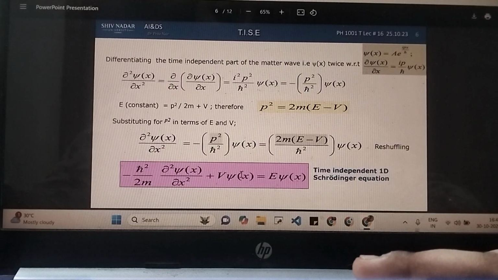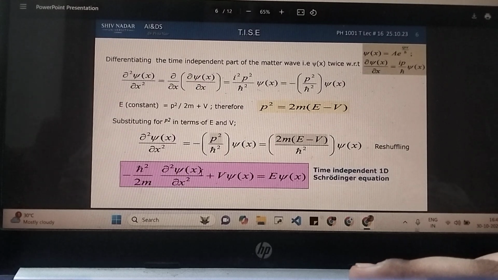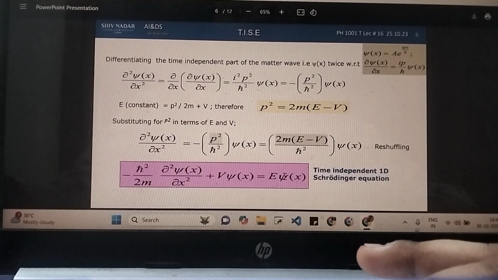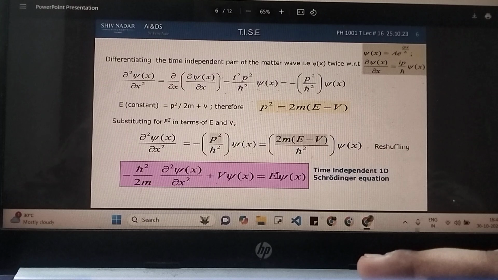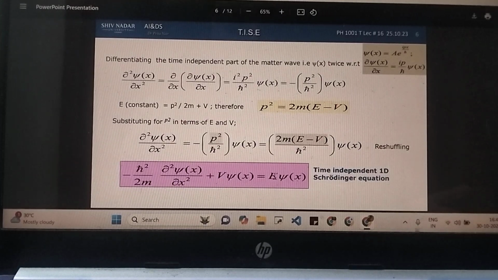So I can bring everything to one side and I have (E minus V) times psi of x on the other side. So if I know the position, and psi of x will obviously be given to me, then E minus V is the unknown, I can obviously find out, and E minus V is kinetic energy. So if I have kinetic energy, I can get the momentum.